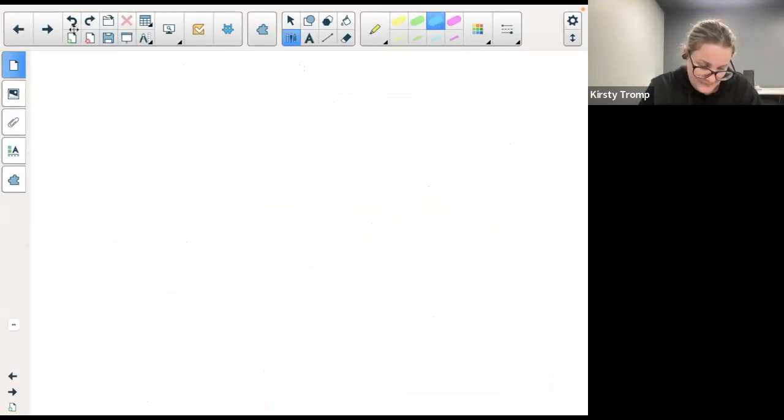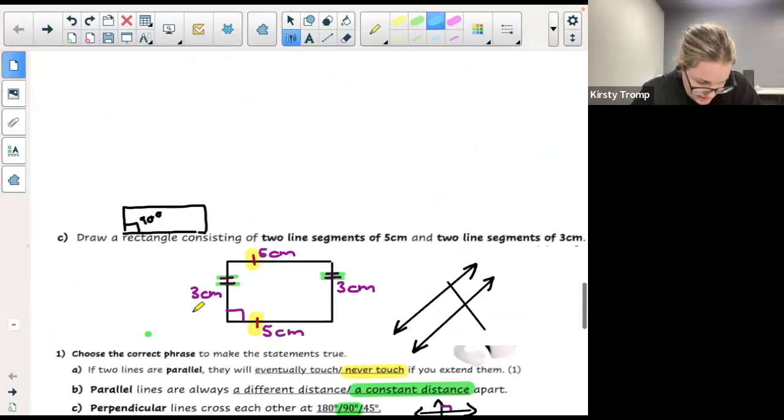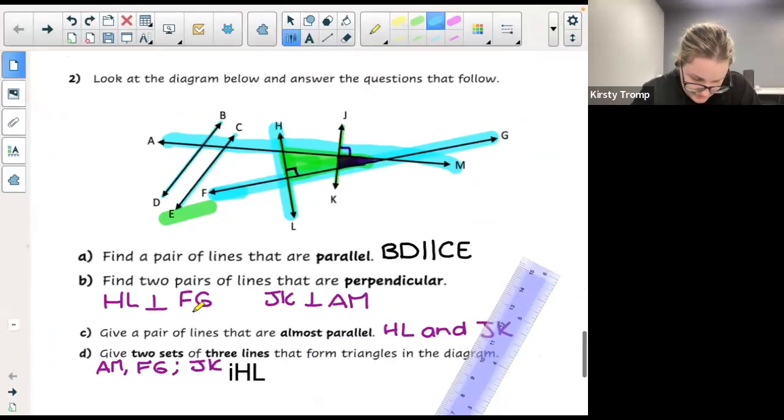Ma'am, I just wanted to know how we're supposed to know if lines are touching each other. Which question are you looking at? Question 2B, two lines that are perpendicular. Perpendicular means that they make a right angle.